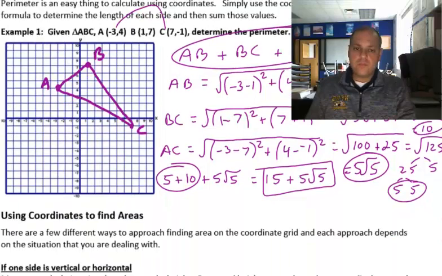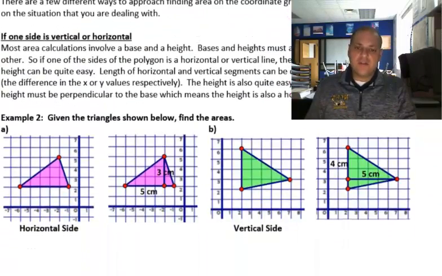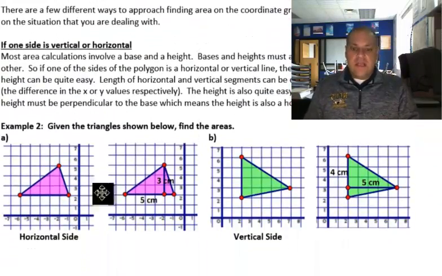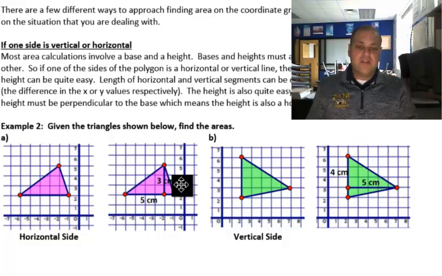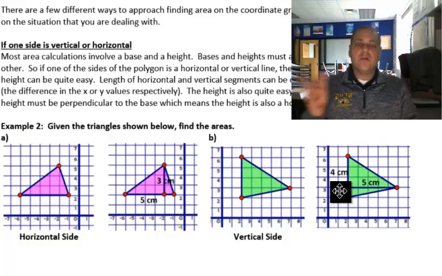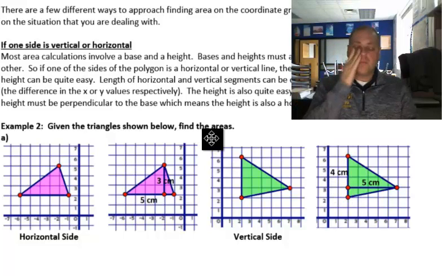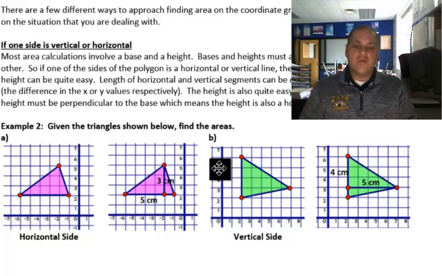Now area is a little different. If you can count the area, that's nice. In these two examples here, we can count the base or height the way they're graphed. This one here, we can count from this point to this point right here: 1, 2, 3, 4, 5.